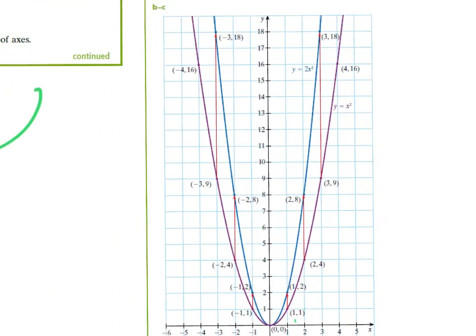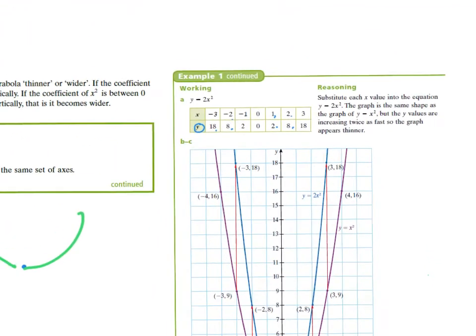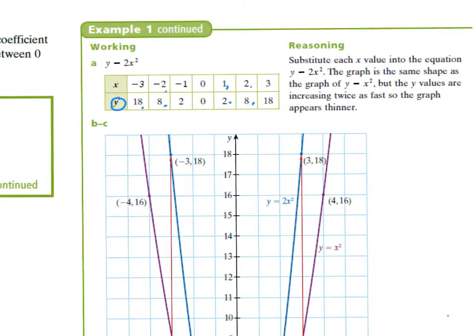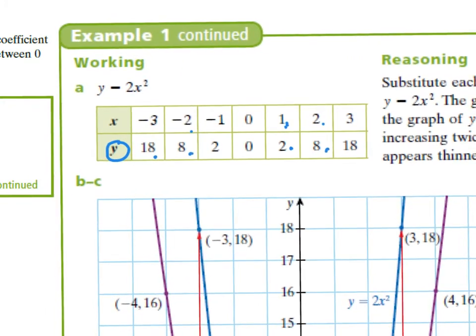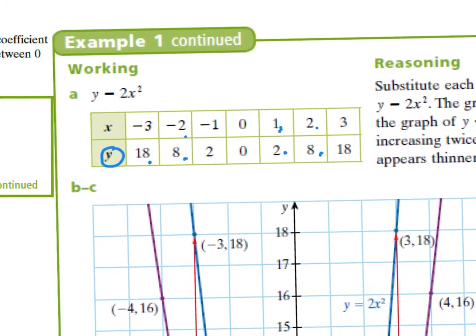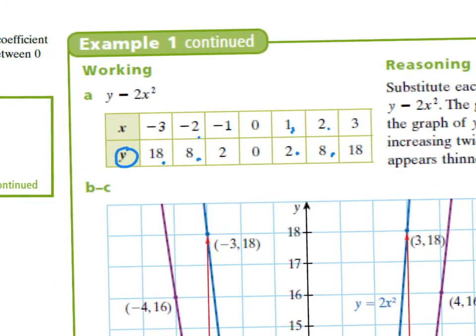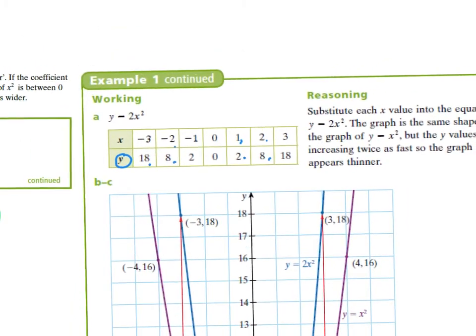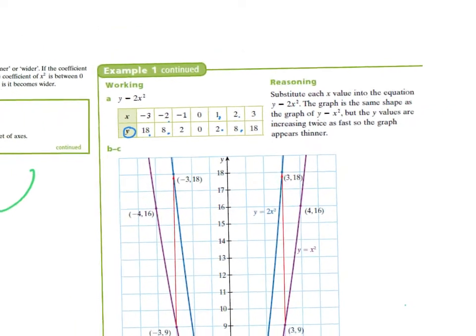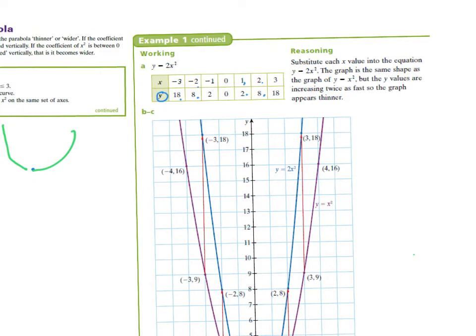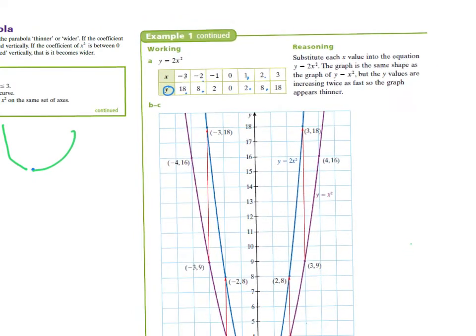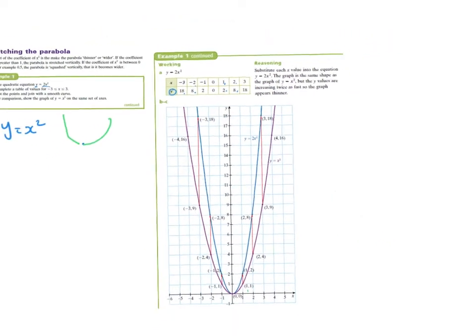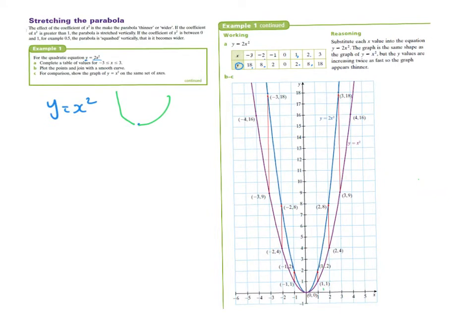So you can use that pattern when you begin sketching. You can certainly sketch this graph using a table like this. However, you can also do it by quick sketching, understanding that the y's are twice as stretchy as the step pattern I want you to start thinking about a little more.